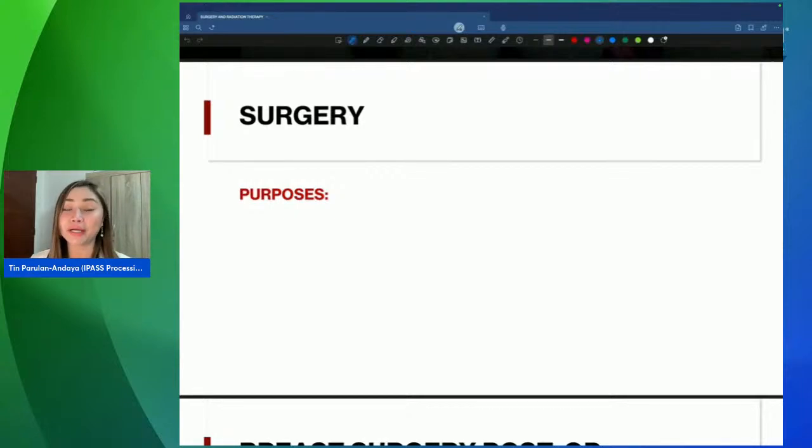So first, we have the diagnostic purpose. What is this? Diagnostic surgery is when we take a tissue sample, like in a biopsy, to confirm the type and stage of the cancer.